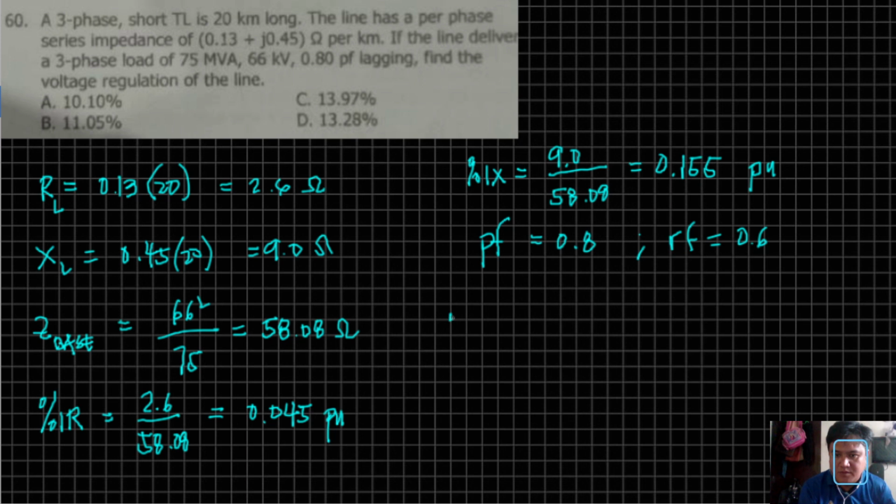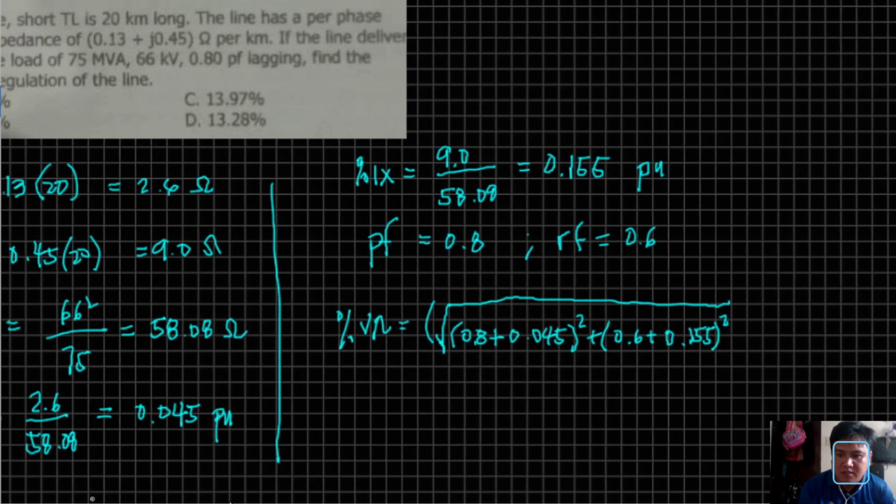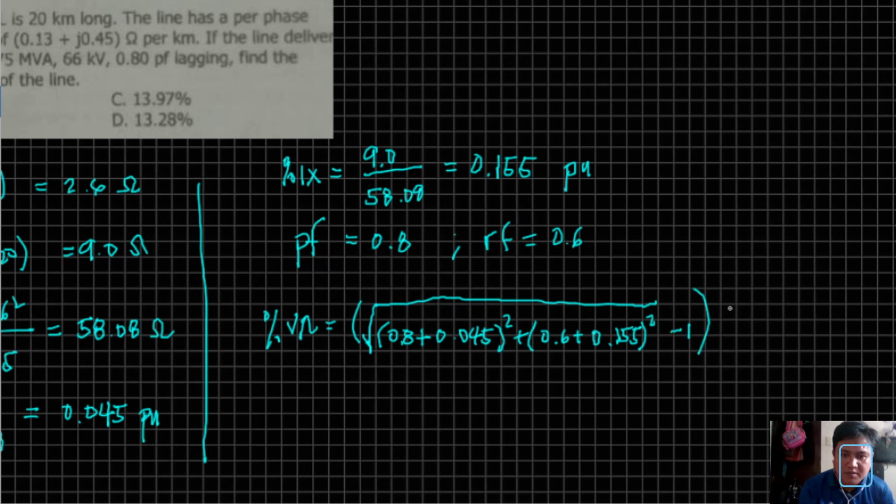Okay, so the percent VR now is equivalent to the square root of the power factor plus percent resistance na 0.045, then square, plus the reactive factor of 0.6, okay, plus the percent IX, which is 0.155, okay, then square, then minus 1, then multiplied by 100.